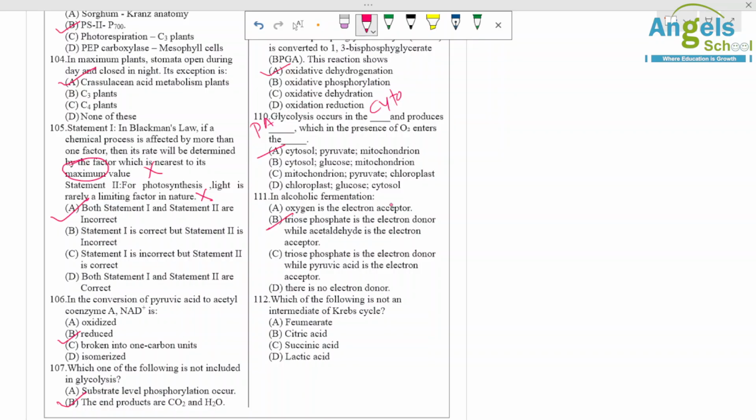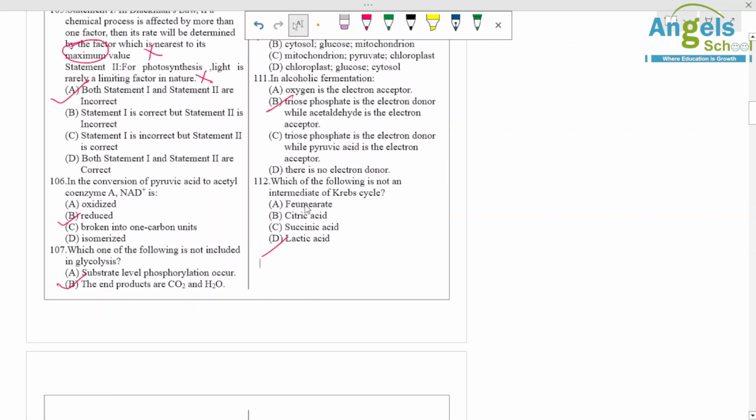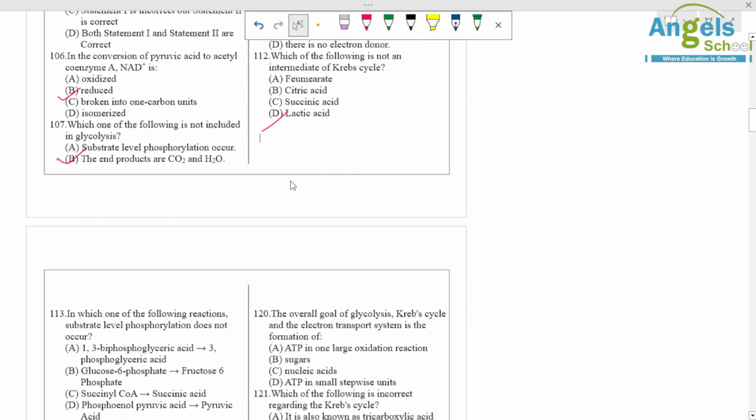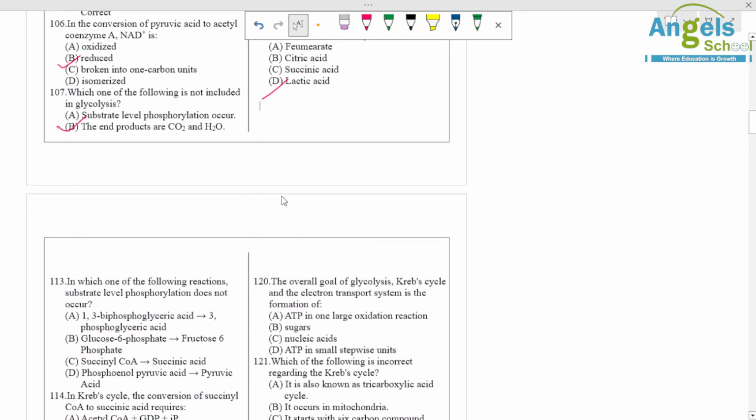In Krebs cycle, fumarate is present, citric acid is present, succinic acid is also present. So lactic acid is not part of this cycle. So answer D is the right option. Lactic acid is formed in animal cells during anaerobic respiration.